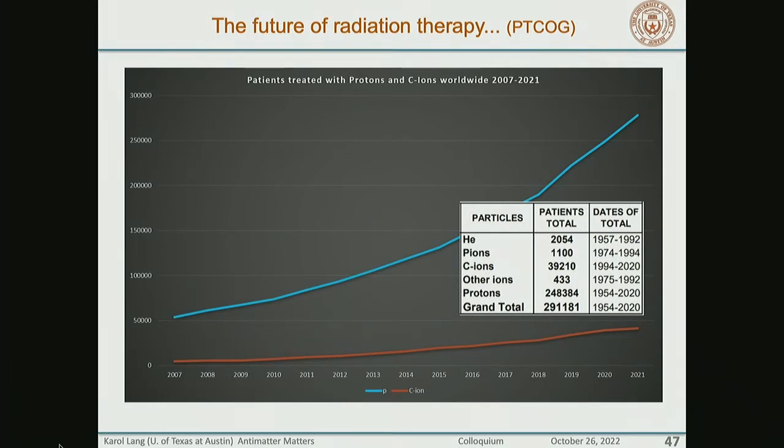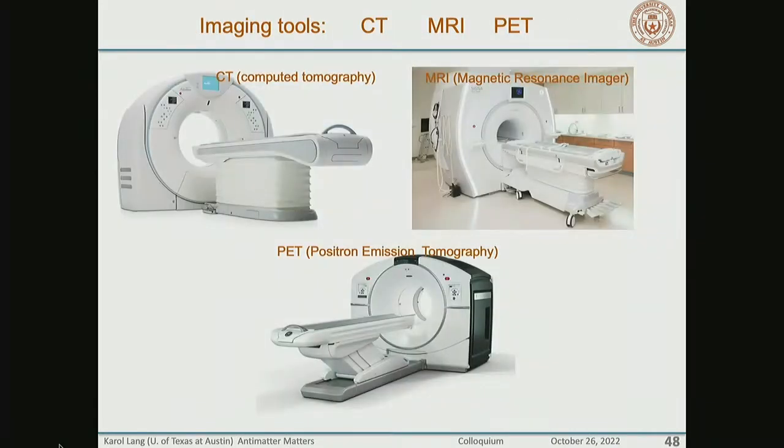The answer here is that about 300,000 people worldwide have been treated with protons, and there are other therapies with pions, carbon ions, and other ions, but a much smaller number of patients, although there are some advantages of ion therapies as well. When you go to a hospital and you look at these devices, you have no clue which one is which.